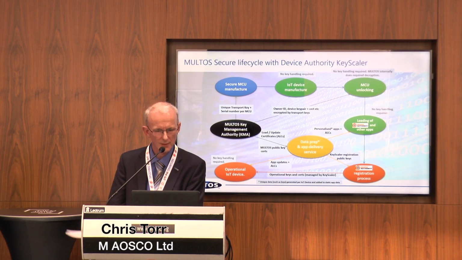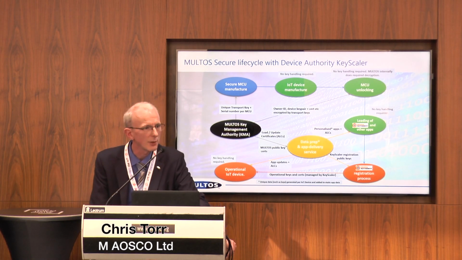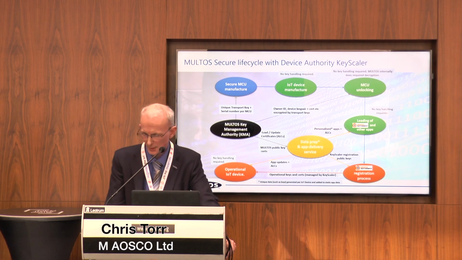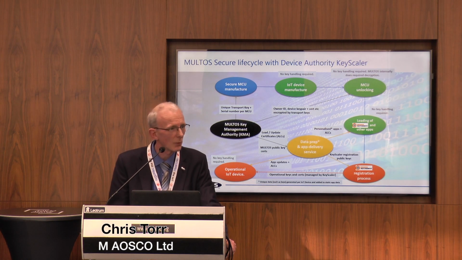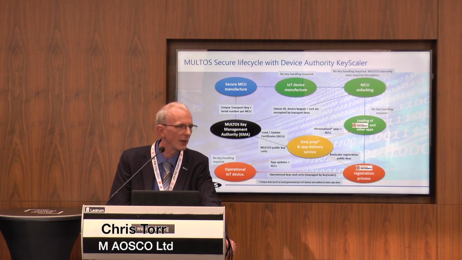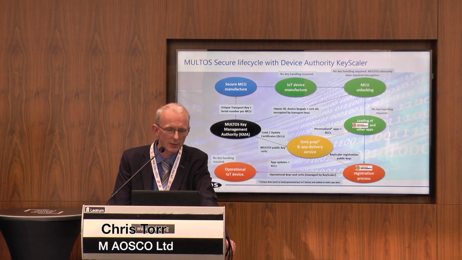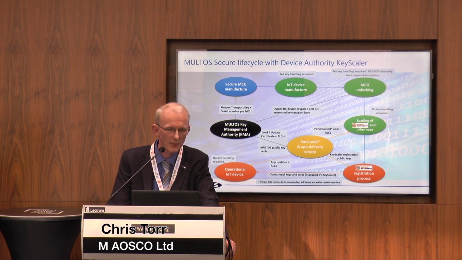So this is just a diagram to try and show how you can be secure from the very beginning. During chip manufacture, it's unique to MAOSCO. I say unique, as far as I'm aware. Every chip on the wafer is injected with a unique transport key and serial number. That transport key comes from a central key management authority.